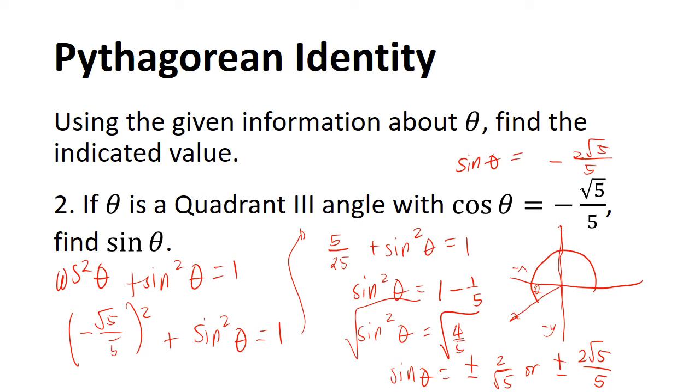Why negative? Because it's in quadrant 3. Okay, and in quadrant 3, both x and y are negative.